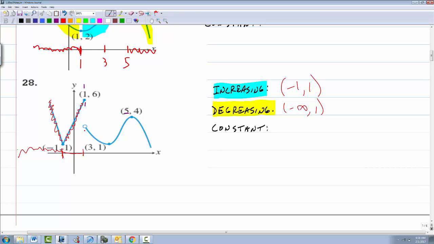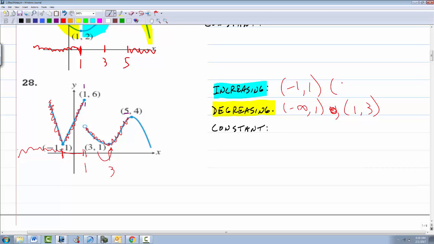Jump discontinuity. What am I doing from here to here? Decreasing. Oh, you know what? That's this coordinate. This still is at 1, and then this ends at 3 for x. So from 1 to 3, I don't think you really have to union that. You're just kind of listing intervals. It's not the same as listing what x values are true for a particular scenario. Anyway, what am I doing from here to here?